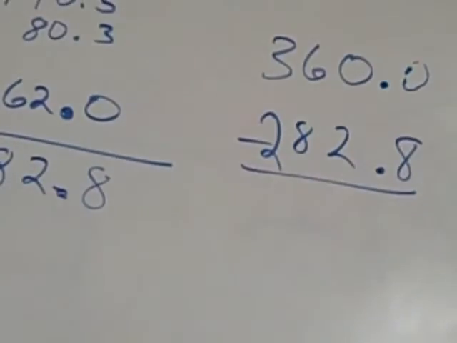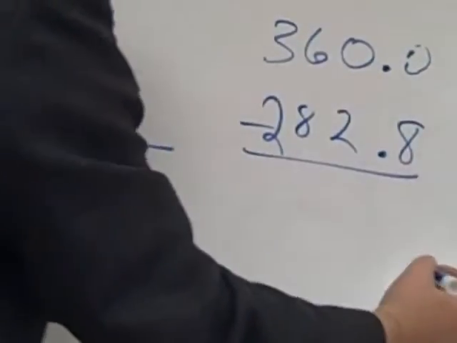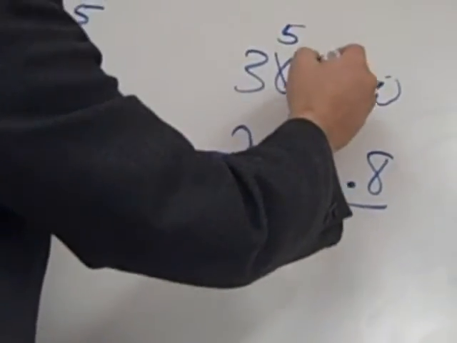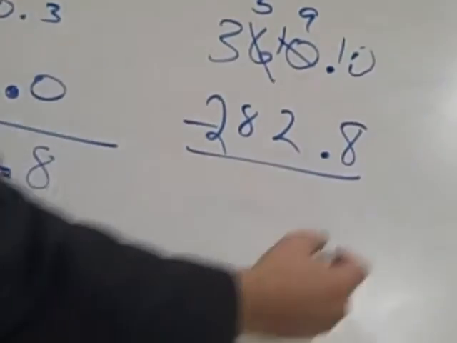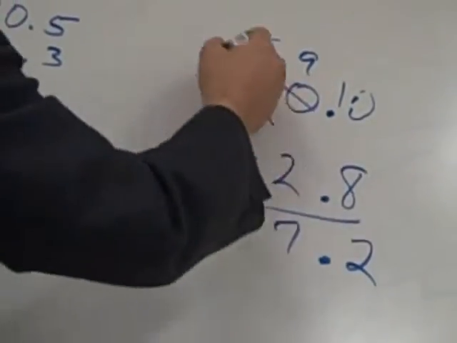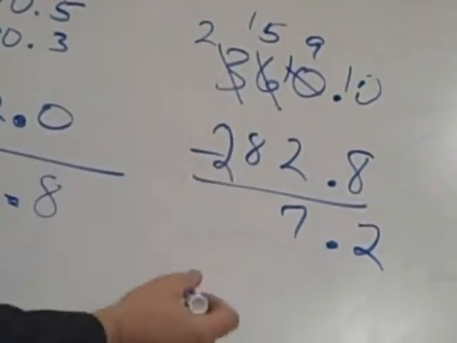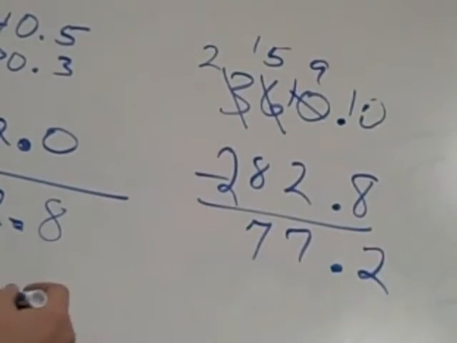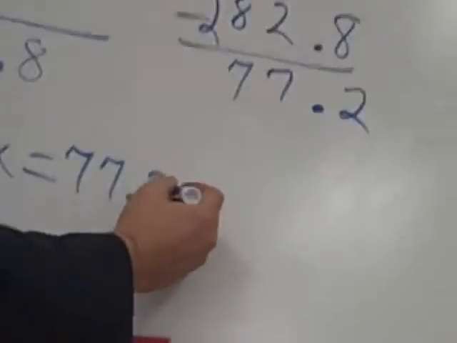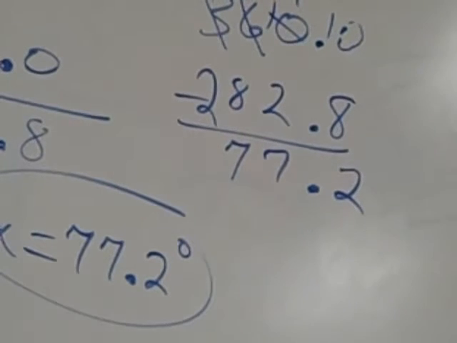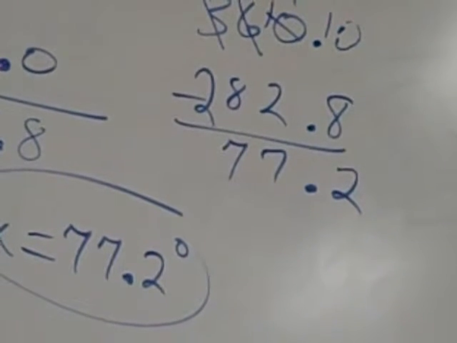All right, here we go. 5, 2, decimal, 7, 7, 0. So what is the missing angle? 77 and 2/10 degrees. I tried to mess with you there, putting in some decimals.